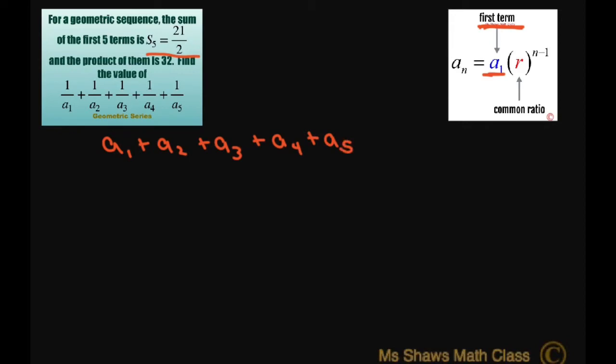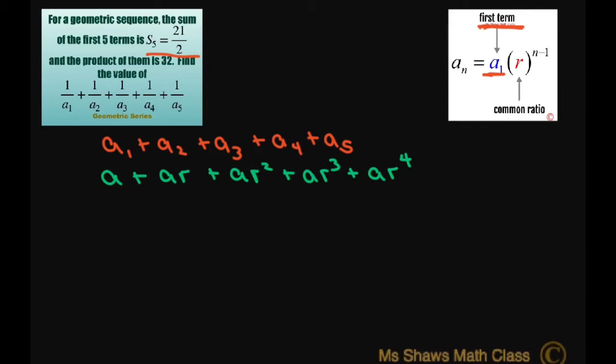Using the formula, A is the first term, plus the second term A times R, the third term A times R squared, plus A times R cubed, plus your first term times the common ratio to the 4th power.